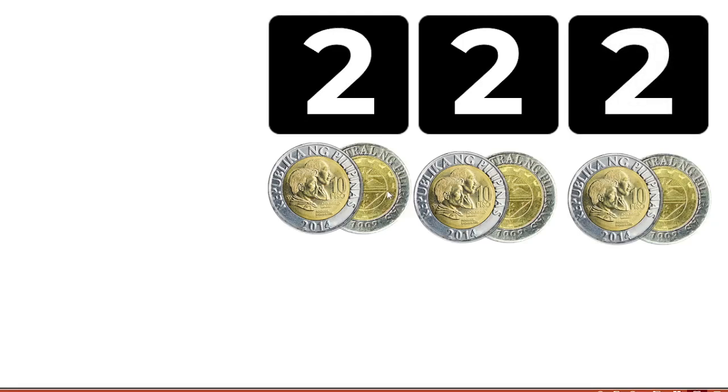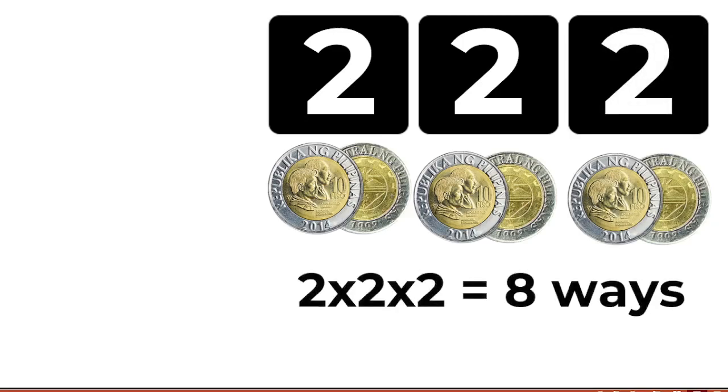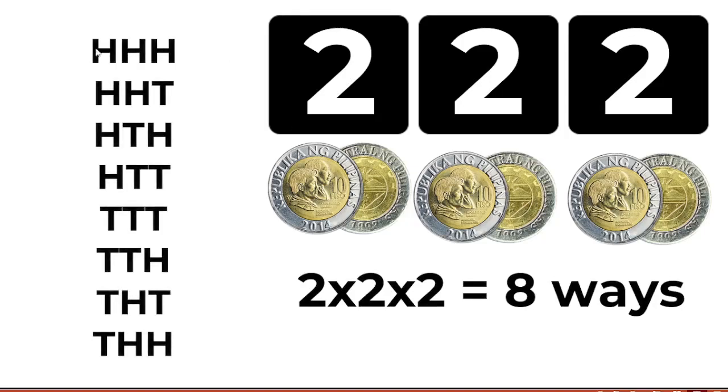So the answer is 2 times 2 times 2, which is 8 ways. As you can see, these are all the possible outcomes: heads, heads, heads; heads, heads, tails; heads, tails, heads; and so on. Just multiply all the possible outcomes to find the total possible outcomes in a given event.